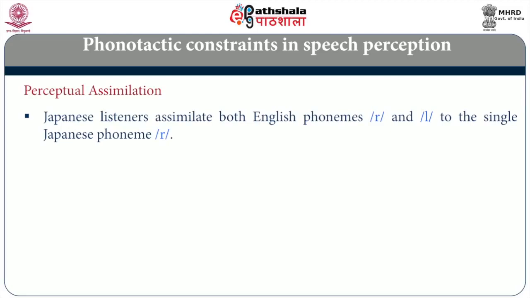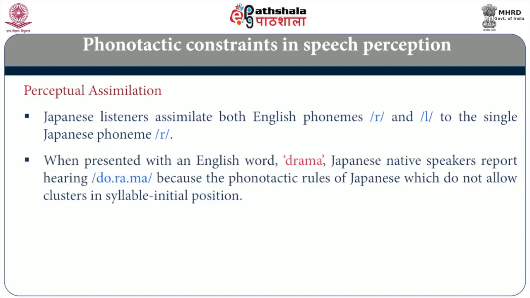There is perceptual assimilation. You may have heard that Japanese listeners and speakers don't make a distinction between r and l. To them, when somebody is saying r and l, they have only one percept, right? It's perceived as r. But what happens when they hear drama?